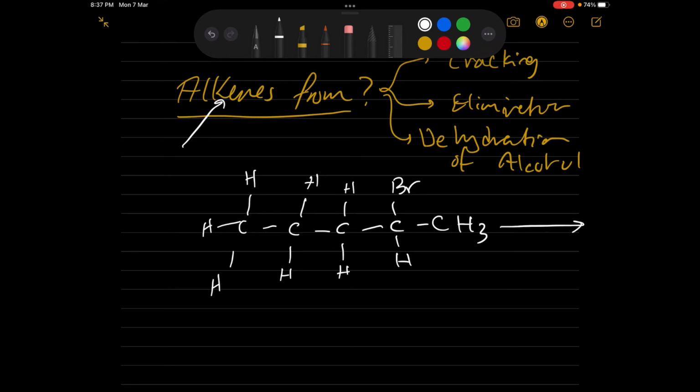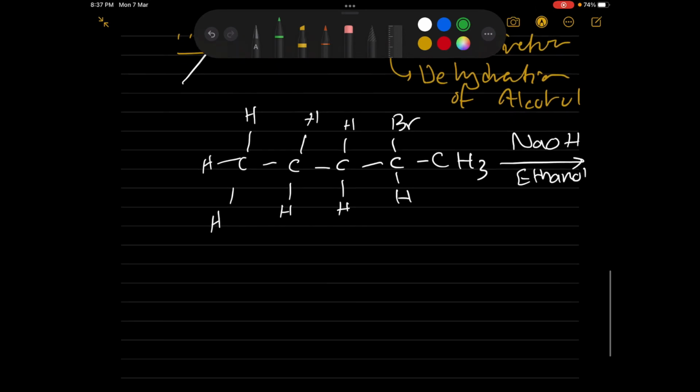So if we add sodium hydroxide that is dissolved in ethanol, then what will be the product in this case? According to what we learned in previous classes, once you have alkali, which is a strong base, in the presence of ethanol, then we will have a reaction of elimination of HBr, because we have a bromine in here.